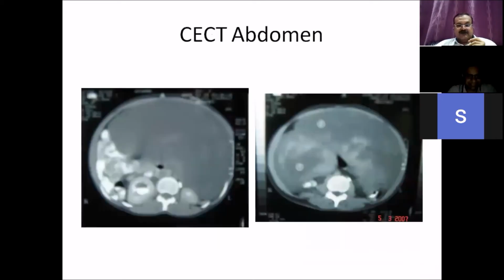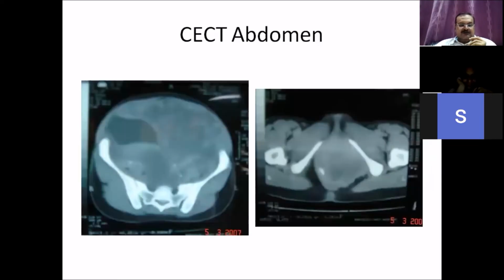CT, unfortunately, is very poor. I tried to take the picture and the picture went out of focus. But you can see that there is a large tumor with partly necrotic material inside, involving the whole of the abdomen, pushing the bowel loops to one side. And the tumor is occupying the whole of the pelvis.